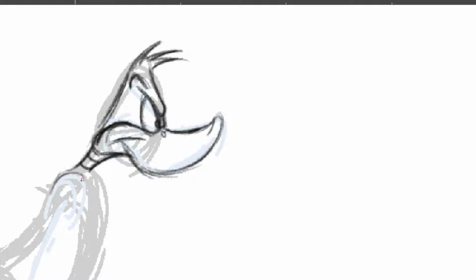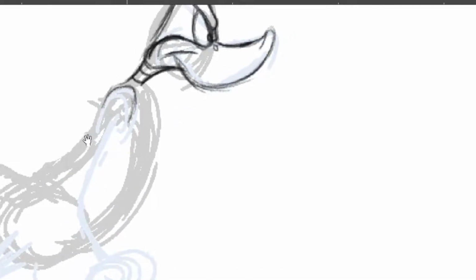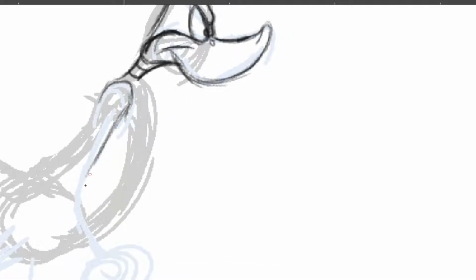So yeah, that's the dealio with that. And it's very much the same with the arms. Now we learned how to do the arms on day one with this overshooting tube collision.